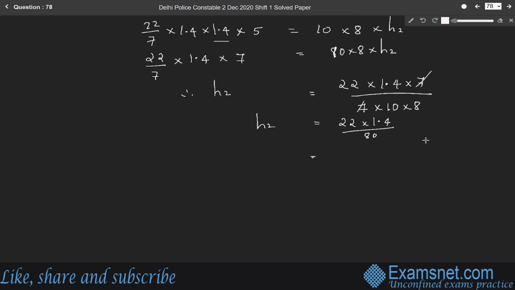It is 30.8 divided by 80. So this value is 0.385. So the unit is meter.